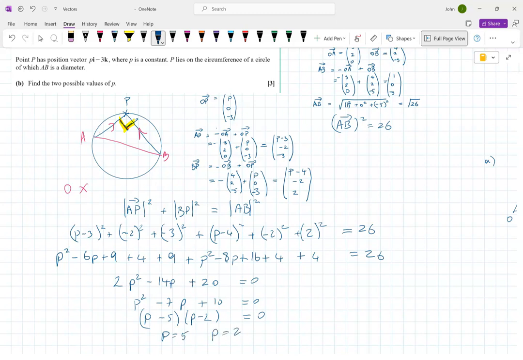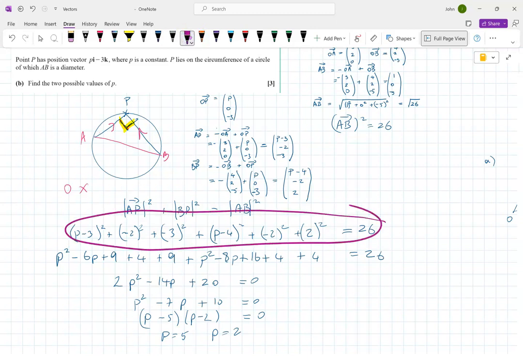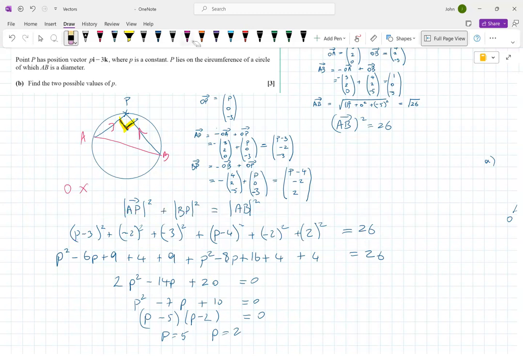That's it. So that caused a bit of a problem. I think most people didn't get as far as setting this up and using the fact that it's a right angle. But it boils down to the magnitude of a vector ai plus bj plus ck, which in 3D is the square root of a squared plus b squared plus c squared.